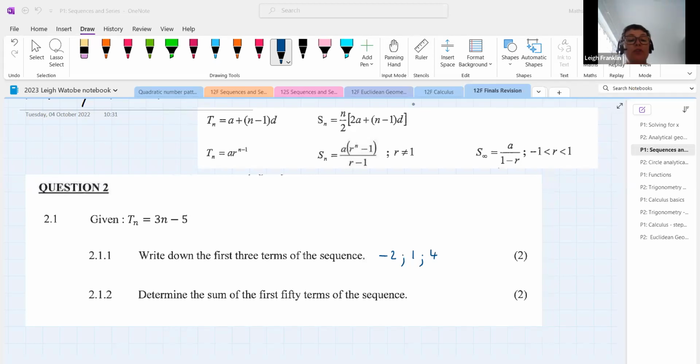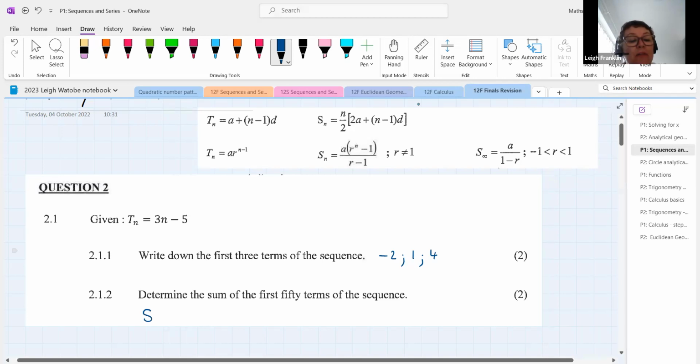Now they want us to determine the sum of the first 50 terms of the sequence. Is this an arithmetic sum or a geometric sum? Indeed, it's an arithmetic sum. Good, well done. There's a constant difference, not a constant ratio. So we would set it out as follows.